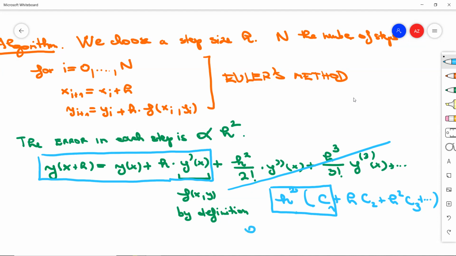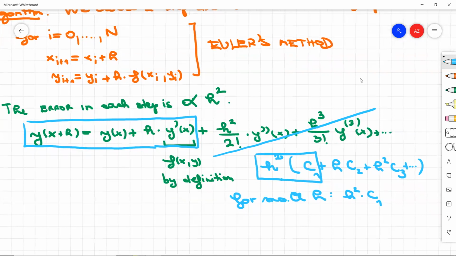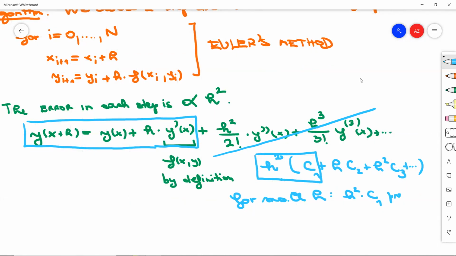So for small h's, h squared times the constant c1 prevails. So this remaining part is negligible in comparison to h squared times c1, because it's multiplied by another h. And we usually write this as big O of h squared.